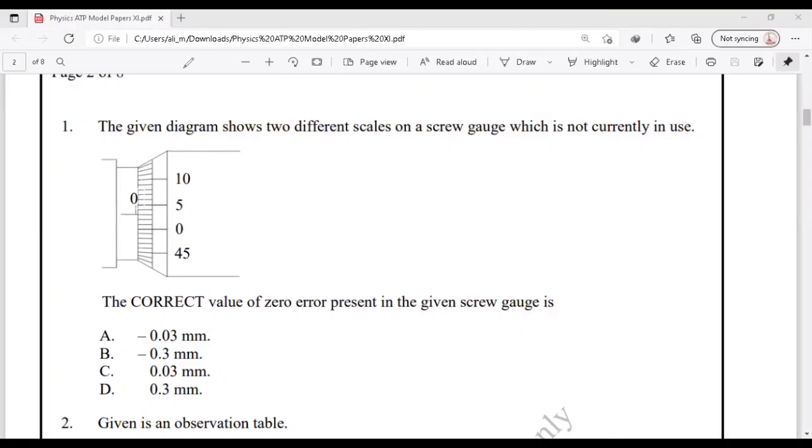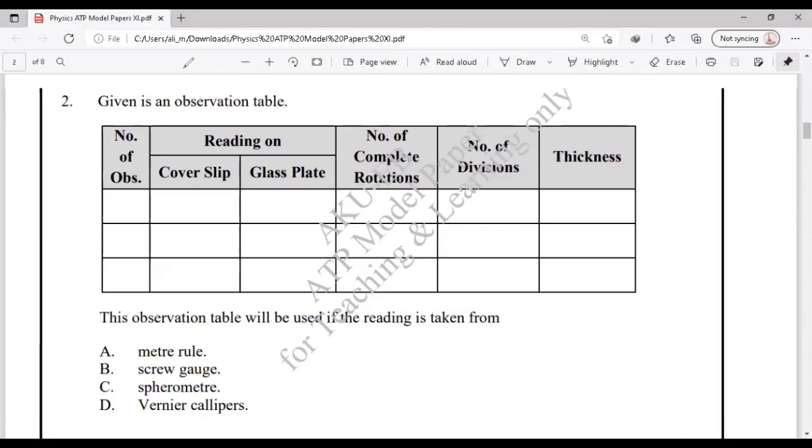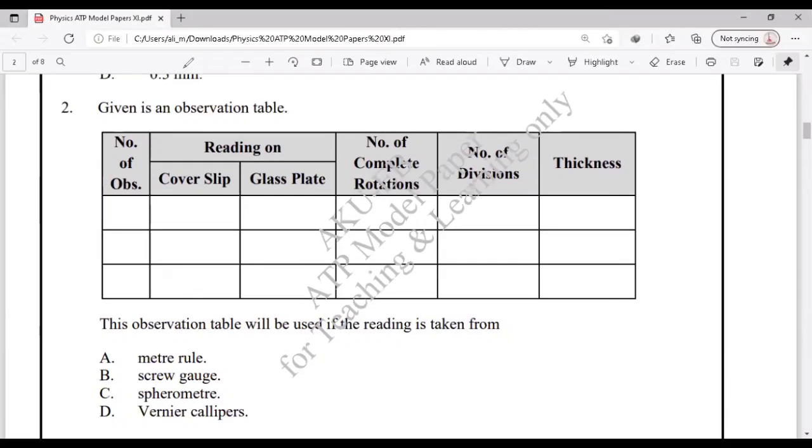Let's come to our question number 2. We have an observation table for a particular experiment or practical lab. We have to identify which of the following instruments is used in this observation table. We have done all these practicals of meter ruler, screw gauge, spherometer and Vernier caliper.